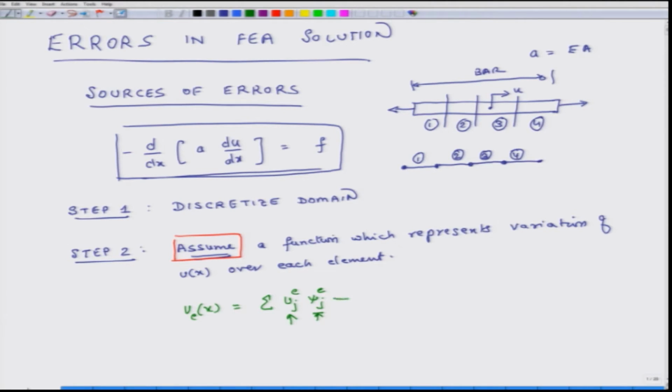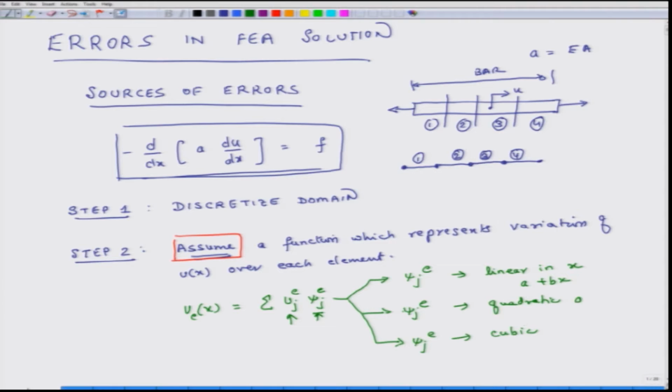Now, I can make several types of choices for psi_j. Psi_j can be a linear function, linear in x, which will have a form like a plus bx. It can also be quadratic, or cubic.